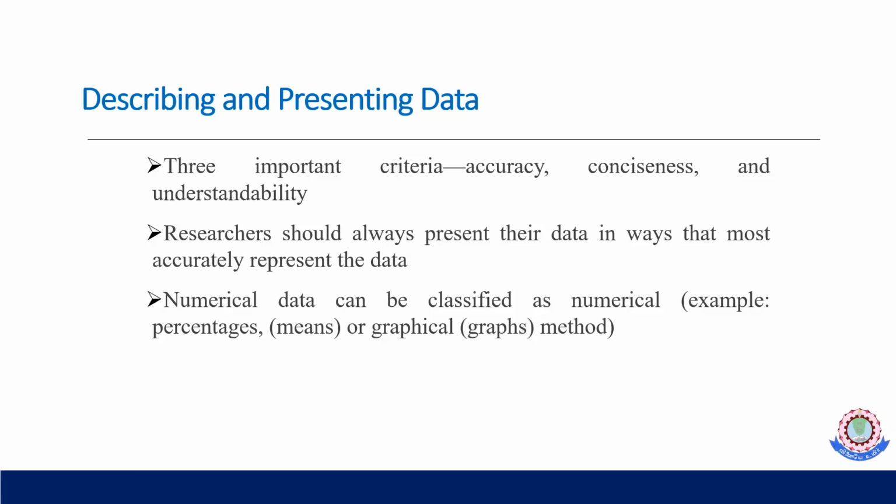Numerical data can be presented as percentages or graphs. Percentages reflect means for us, and graphs represent the data graphically. These are the two varieties by which we can represent data.